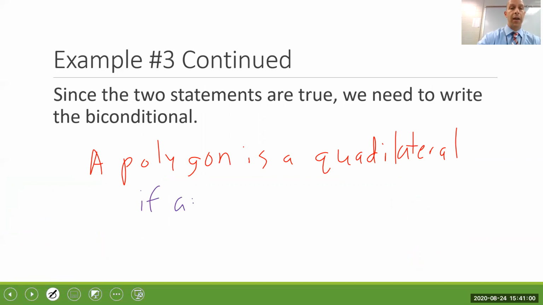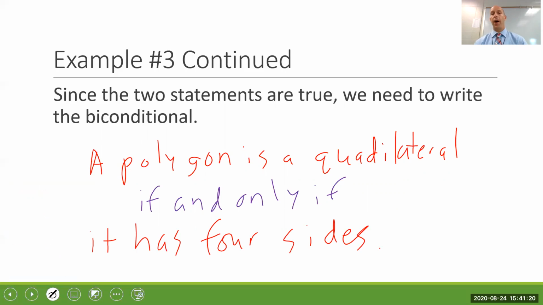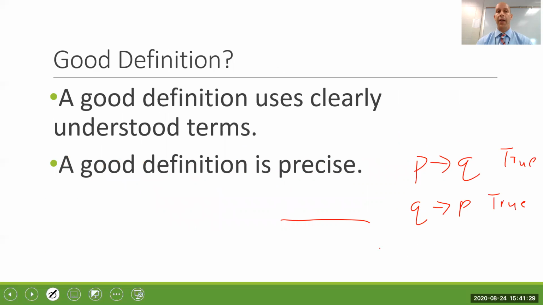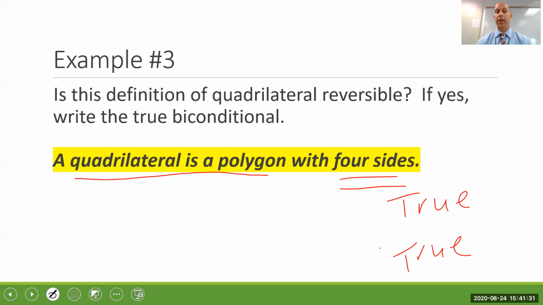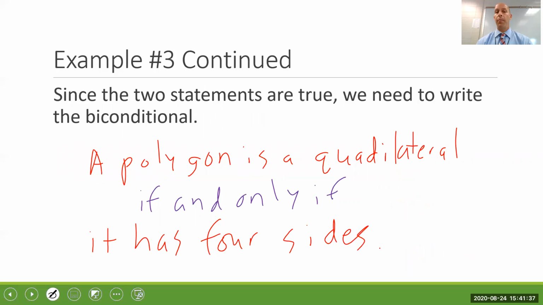If and only if it has 4 sides. A polygon is a quadrilateral if and only if it has 4 sides. So that would be what we would define as a good definition. Instead of saying a quadrilateral is a polygon with 4 sides, a better way to write it might be: a polygon is a quadrilateral if and only if it has 4 sides.